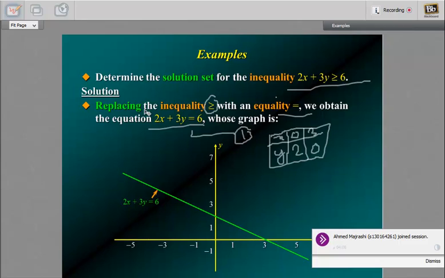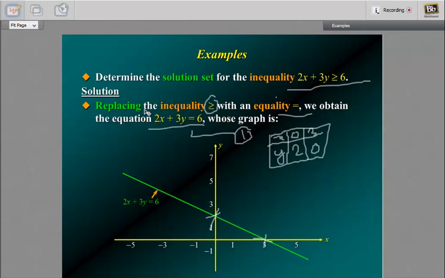Naman, you are right. So we got these 2 points, and we combine these 2 points and draw the graph of this line, equation number 1. So this is the equation number 1, line number 1.